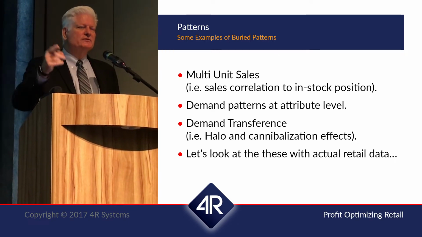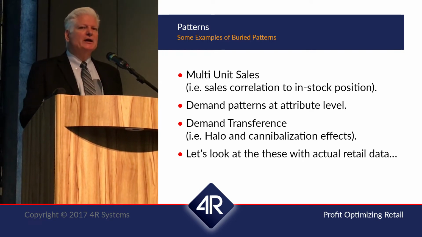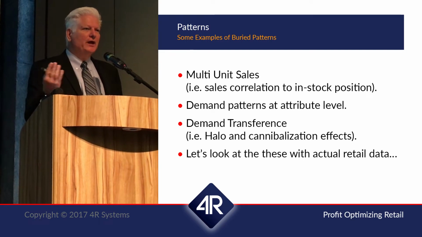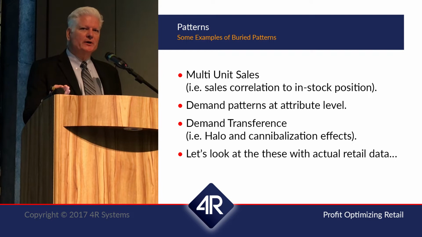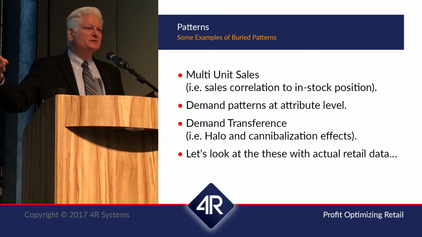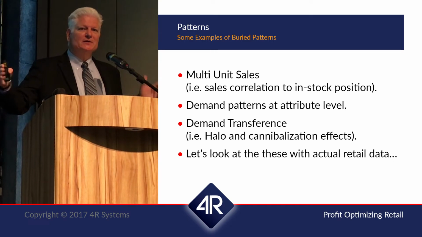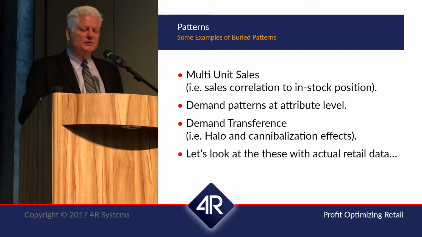The customer perceives a difference, so the items may look very similar, and you will lose demand. It's important to understand how much demand you are losing and where you are losing it to in order to optimize your assortment, or else you're going to end up with, as many people say, the long tail: many items, and many of them don't sell at the far end. That's demand transference.